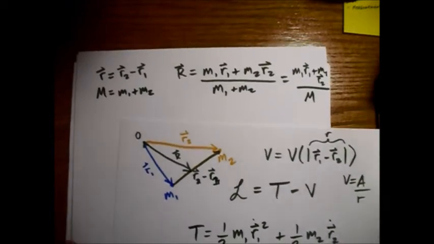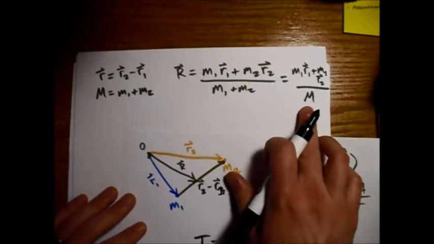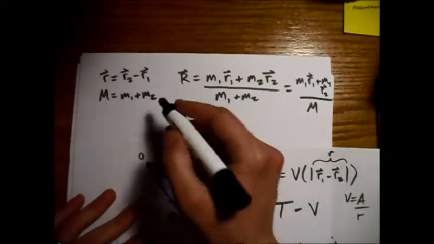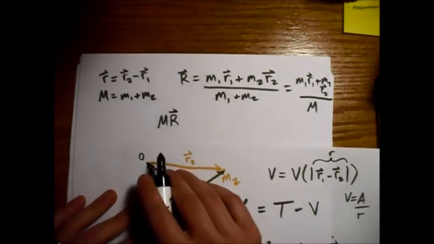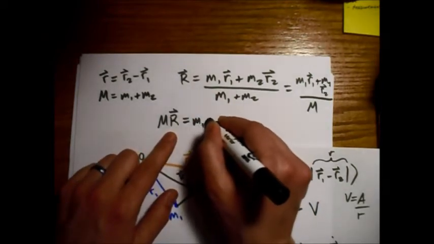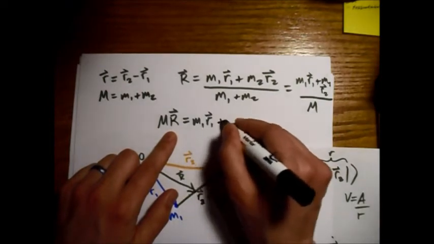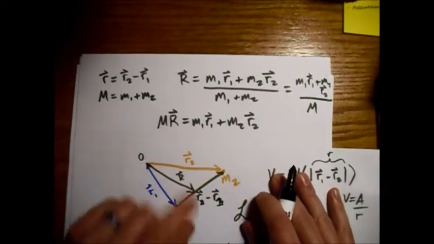All right. So now we find out if we multiply this big M over here, we get big M big R equals little m1, little r1, plus little m2, little r2, like that.